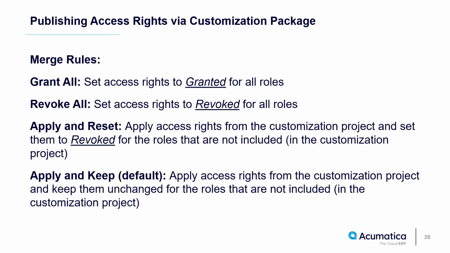And for the ones that are explicitly included in the customization package, it will set whatever is included in the package. And apply and keep, which is the default option, will apply the access rights that are explicitly set from the customization package, and it will keep everything else unchanged for the roles that are not included in the customization package.